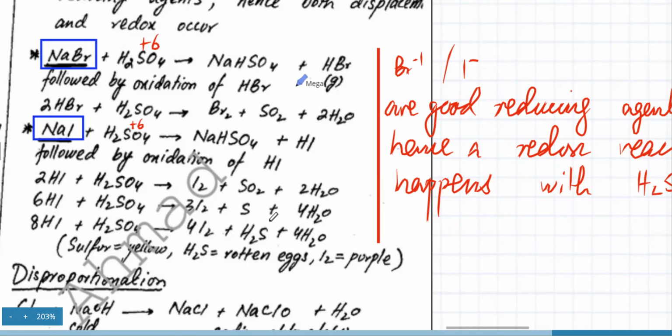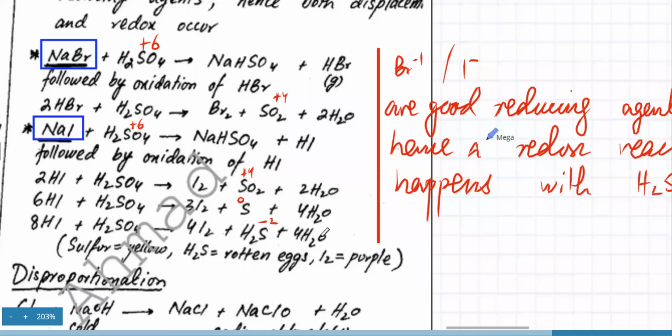Sulfur would get reduced. It would form SO2, that's plus 4. It might form sulfur, which is 0. It might form H2S, where it's minus 2. So the oxidation state of sulfur is continuously decreasing in the reactions. Over here, SO2 is being formed, so that's plus 4.